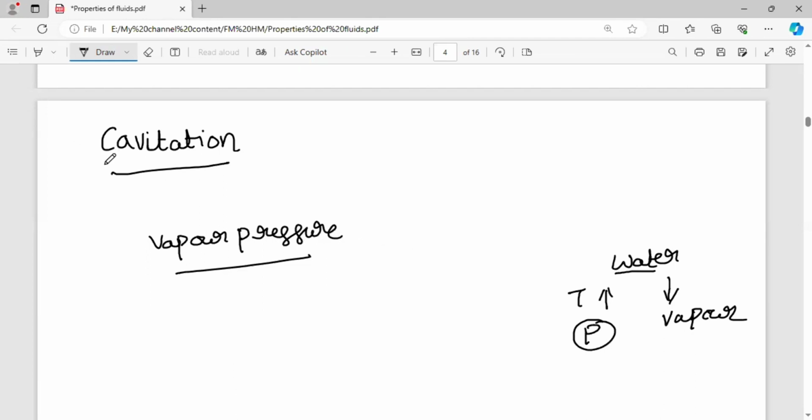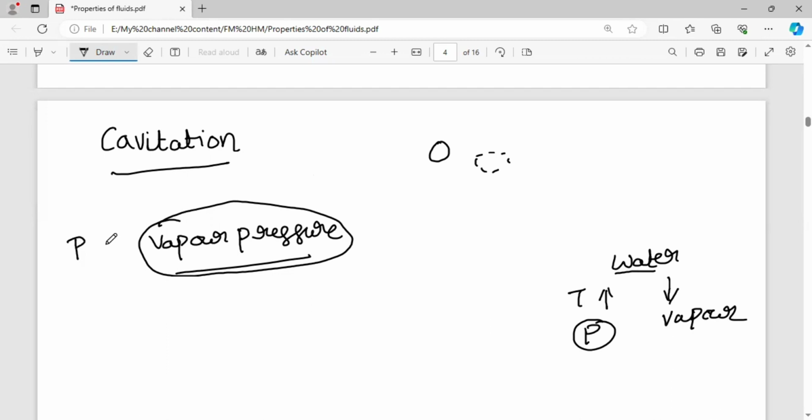Cavitation is the phenomenon of formation and collapsing of vapor bubbles when the pressure falls below its vapor pressure.